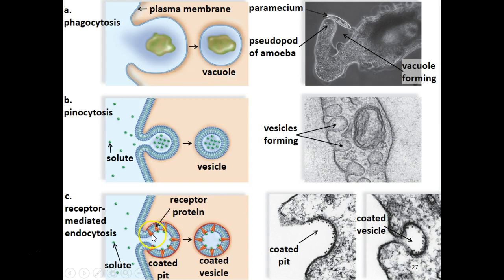Once all of the receptors are bound, the entire region folds in on itself, and we bring those molecules into the cell. This is how we get rid of most of our cholesterol. We all know cholesterol is bad. If these receptors don't bind properly, then we don't get rid of all the cholesterol, and that can cause problems like high cholesterol and diseases associated with it.